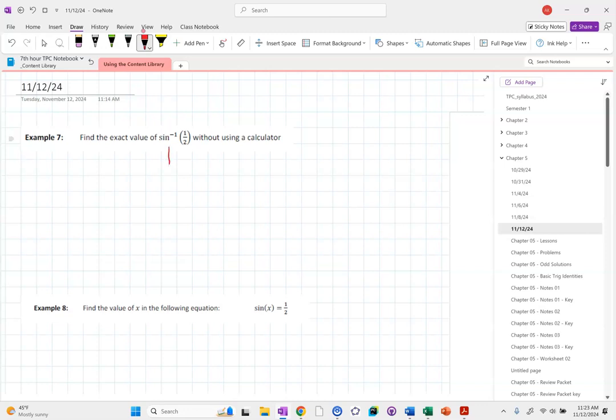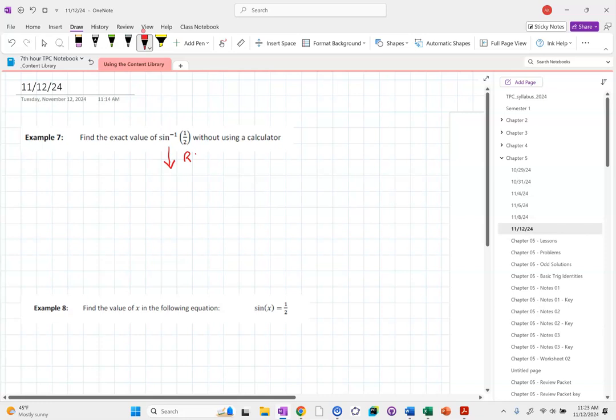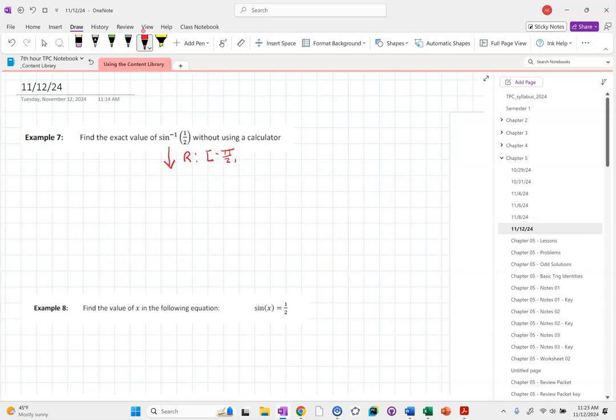Remember, for sine inverse, our fundamental range was negative pi over 2 to positive pi over 2, which means that we're looking in quadrants 4 and 1. So we'll go to the unit circle and look for where the y coordinate is 1/2. Why am I looking at the y coordinate? Because it's sine. Sine is all about the y coordinates.